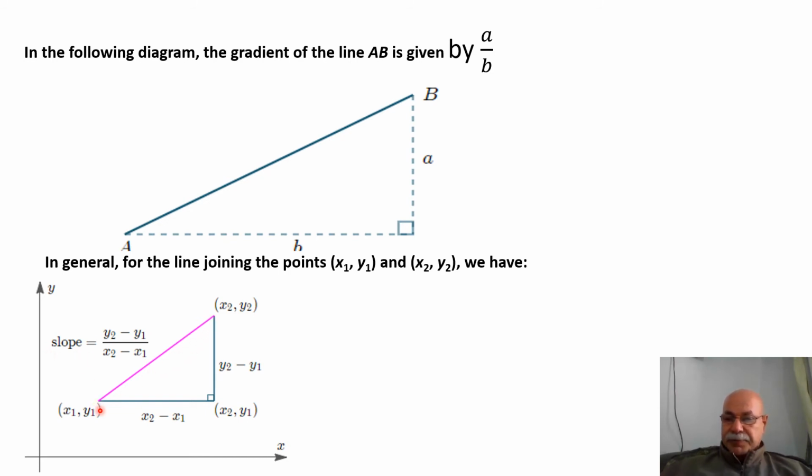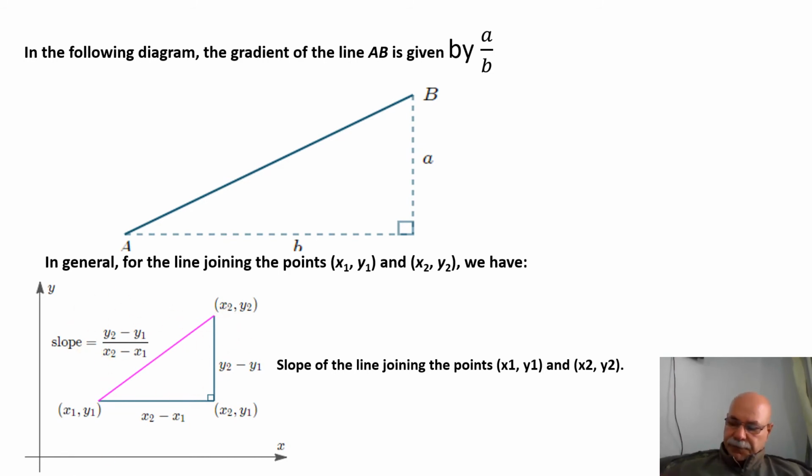This is the slope of the line joining the points (x1, y1) and (x2, y2). This is just an example of how we use this rule to find the slope.